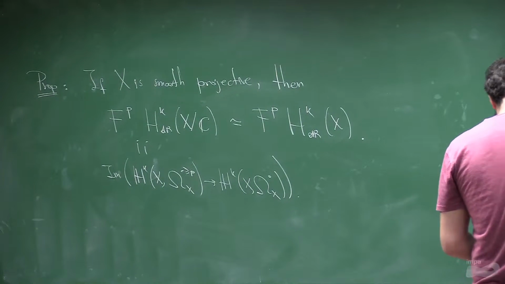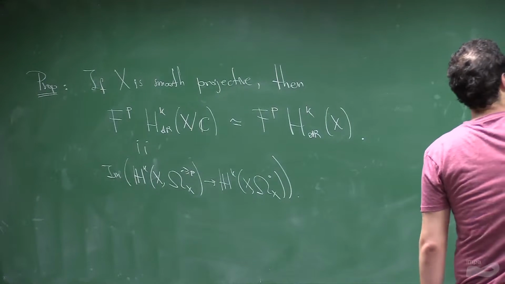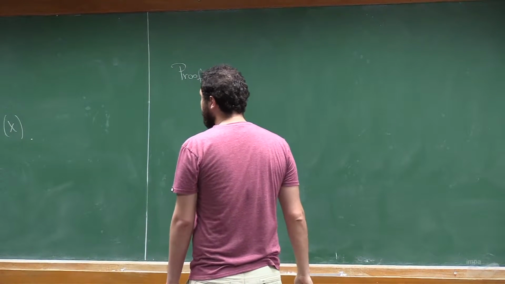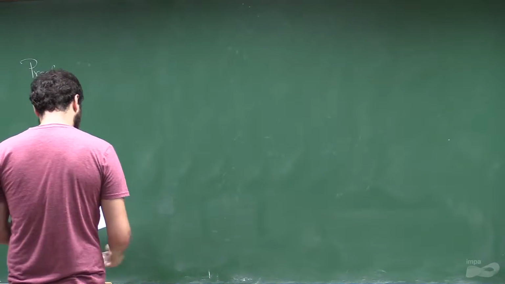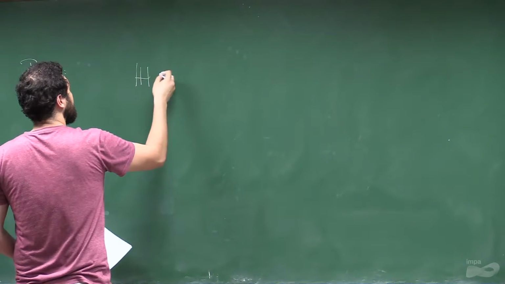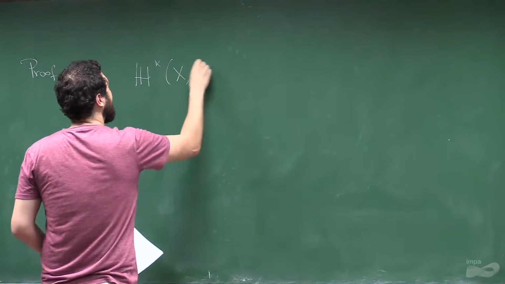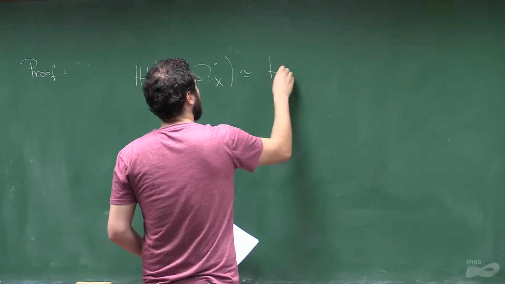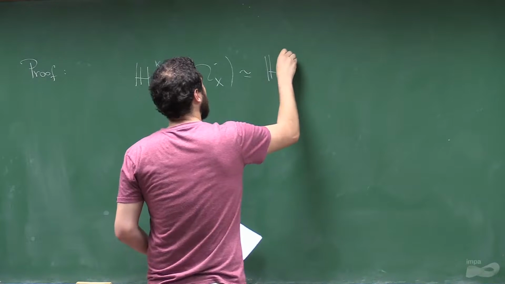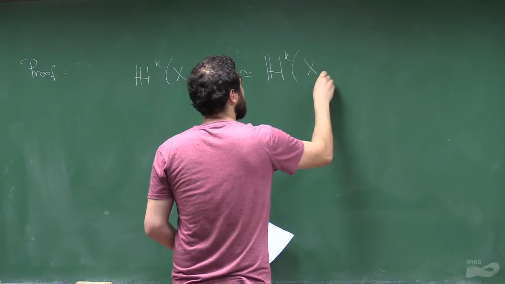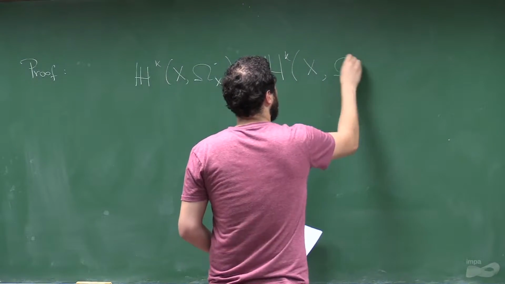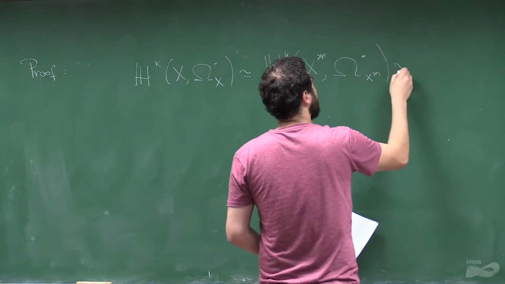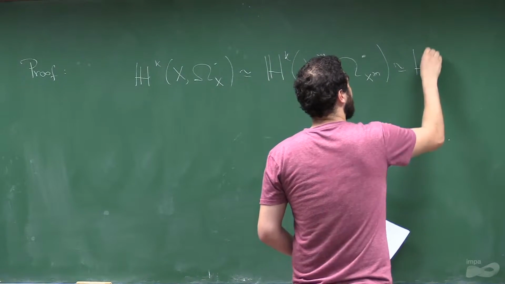And how is the proof? This is really very simple. We already know that this isomorphism of the algebraic de Rham cohomology with the usual de Rham cohomology passes through this intermediate analytic de Rham cohomology.